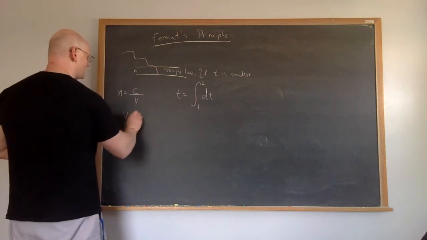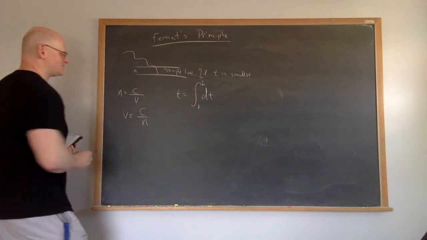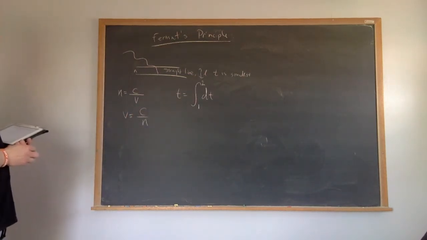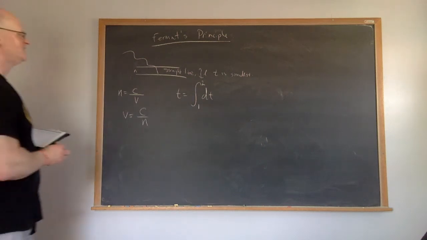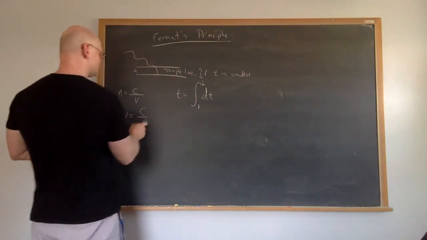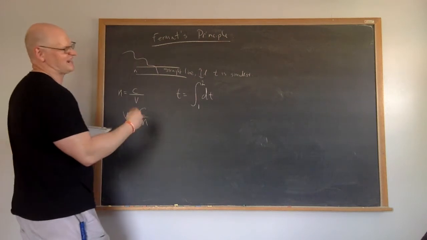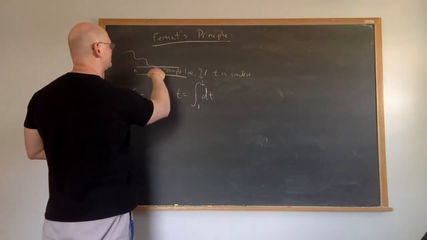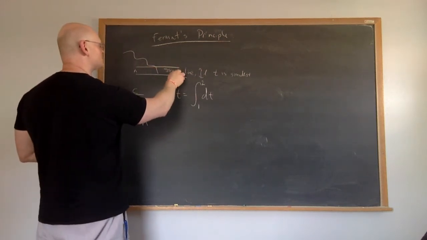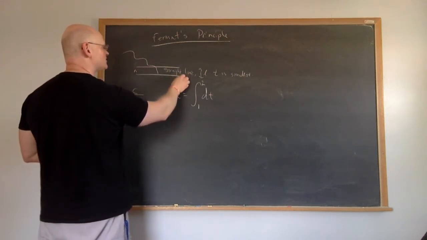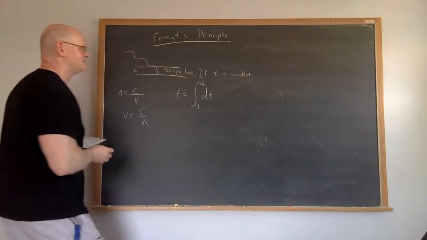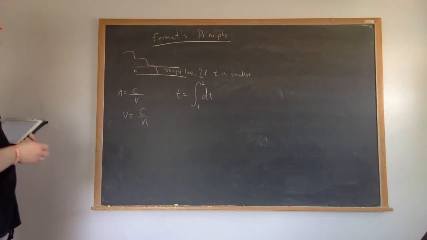So this means that the speed at which it moves through the medium is the same thing as the speed of light divided by the index of refraction. The time it takes is simply going to be, since this thing is moving with constant velocity, doesn't have to be, but if it's moving with constant velocity, then the time it's going to take is simply the distance which it travels divided by the velocity. Right?